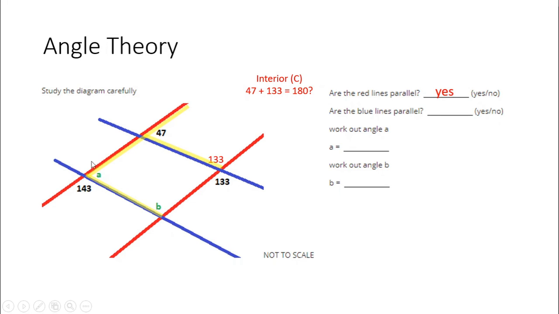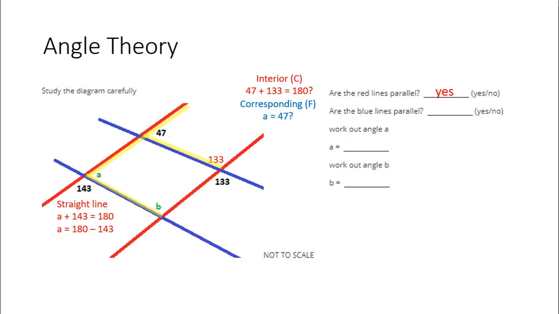Maybe this rule here, the 143 and the angle A. I don't need to use the fact that any of these lines are parallel in order to find A. I can just use the fact that this is a straight line. So if this is a straight line, A plus 143 must equal 180, in which case A equals 180 minus 143.